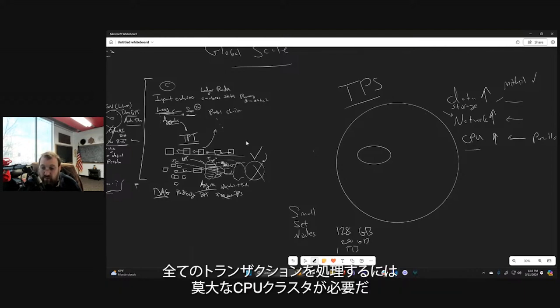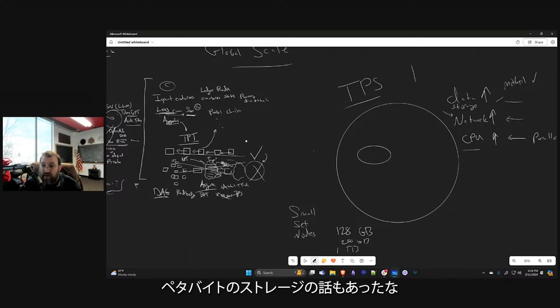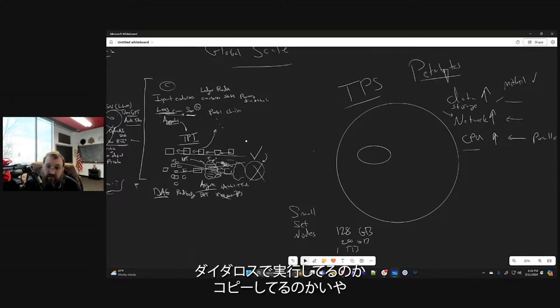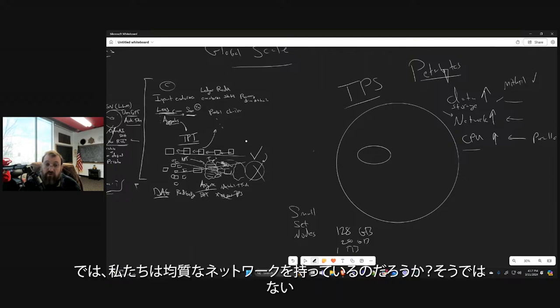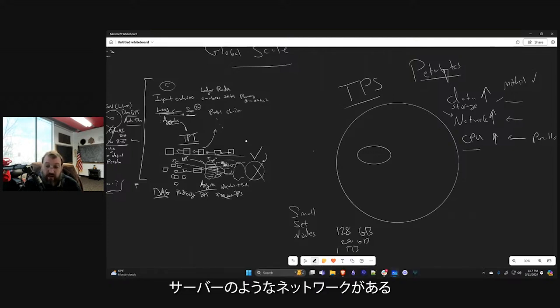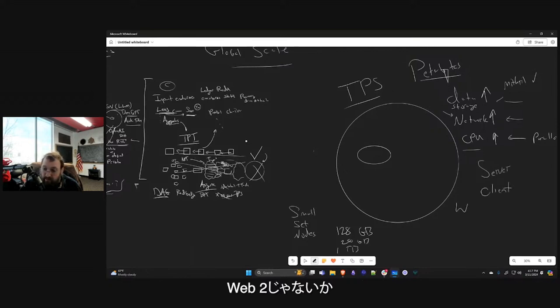They have to have huge CPU clusters to process all the transactions. And you talk about petabytes of storage. Now, are you running that on your Daedalus copy? No. So do we have a homogeneous network? No. You have a network that looks like server and client. And isn't that Web 2?